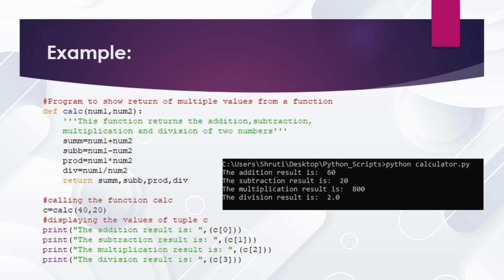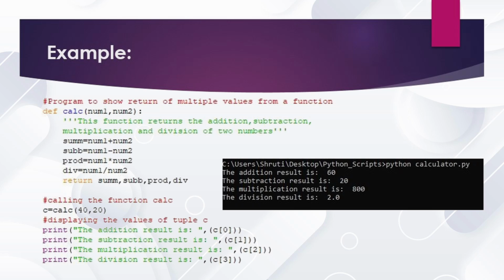When the function is called with the arguments 40 and 20, the returned results are stored in the variable c. The individual results are accessed using indexing from c[0] to c[3] and printed to display the outcomes of each operation.